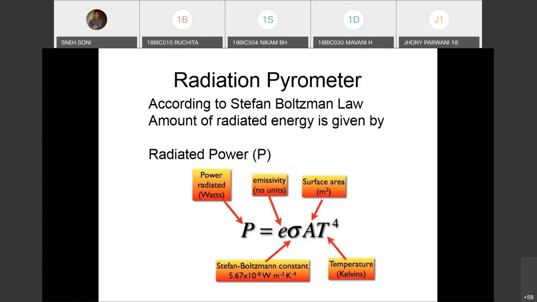This is the main concept, and this is the working principle, or we can say the physical law on which pyrometers are designed. So here the temperature is in Kelvin, and surface area, temperature to the power 4, then the Stefan-Boltzmann constant and the emissivity of the material will equal the power radiated.